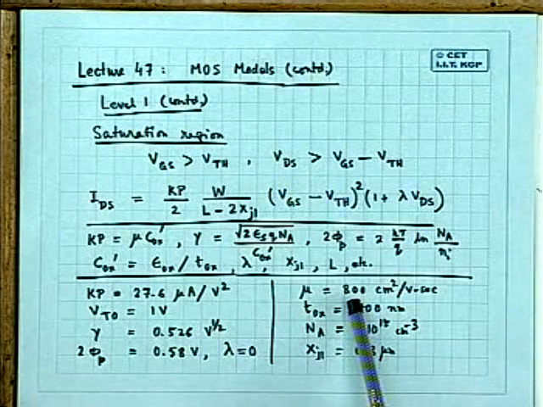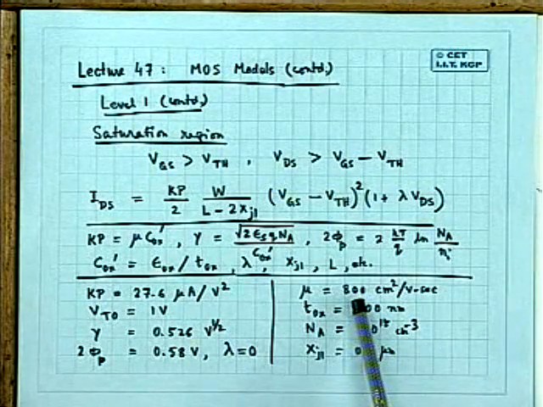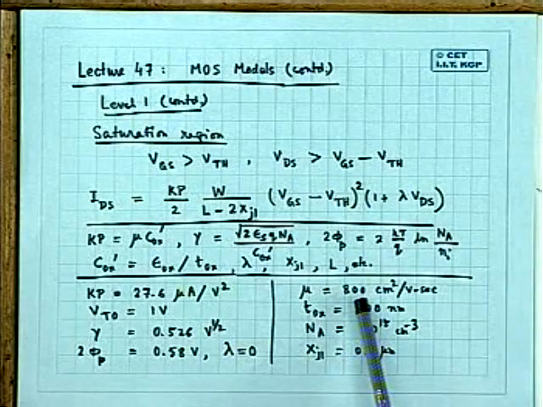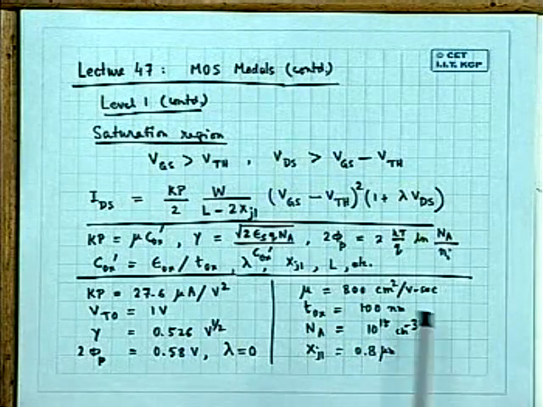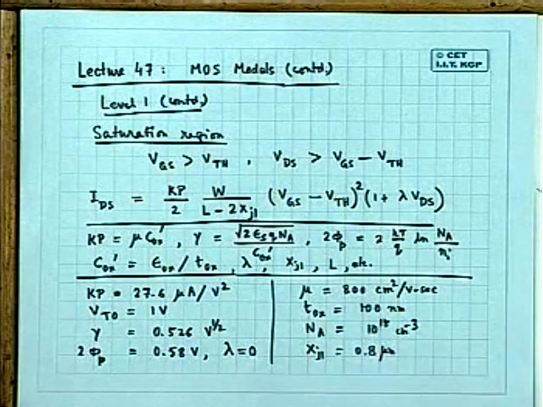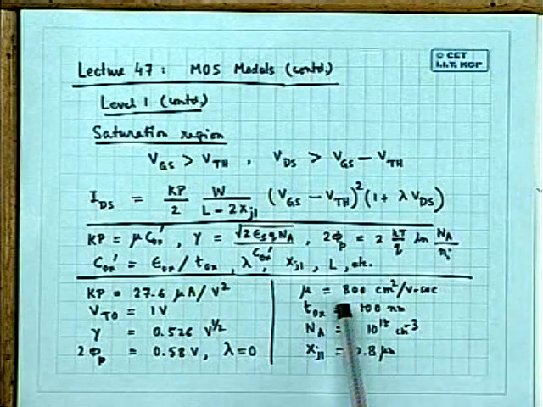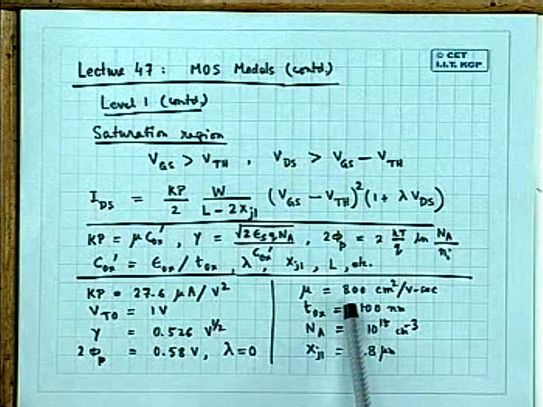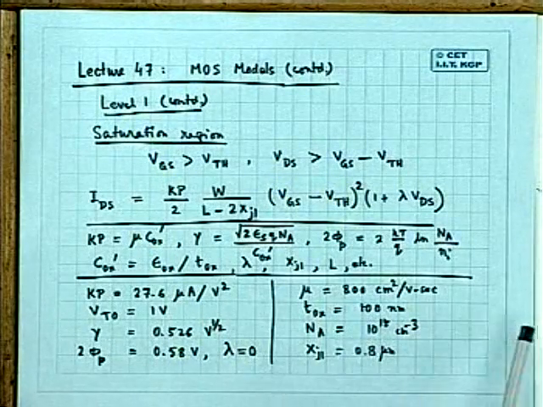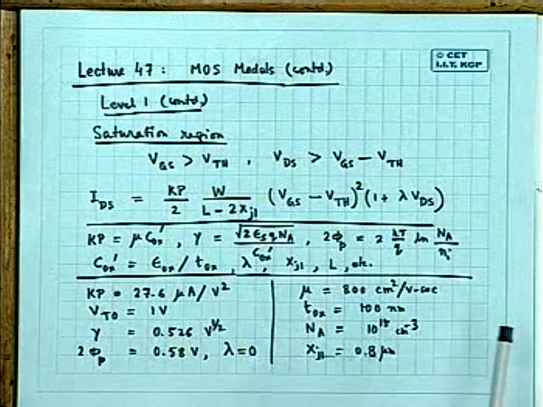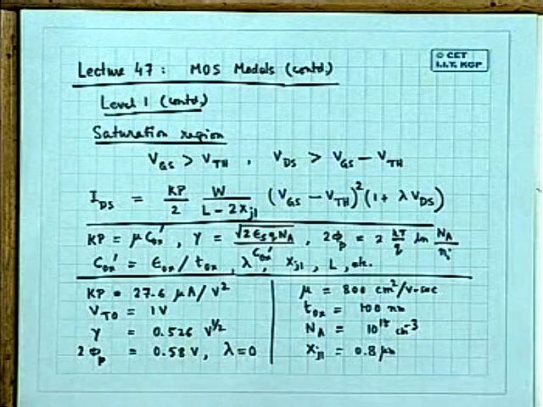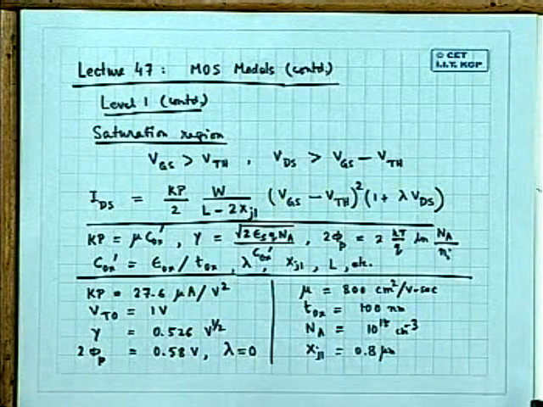Though in bulk silicon mu n is about 1400 centimeters square per volt second, here mu has been taken to be 800 centimeters square. It is surface mobility. But this is also quite small because the oxidation techniques, surface roughness, and silicon surface preparation were not that perfect. The scattering at the interface was more, leading to a lower effective mobility.